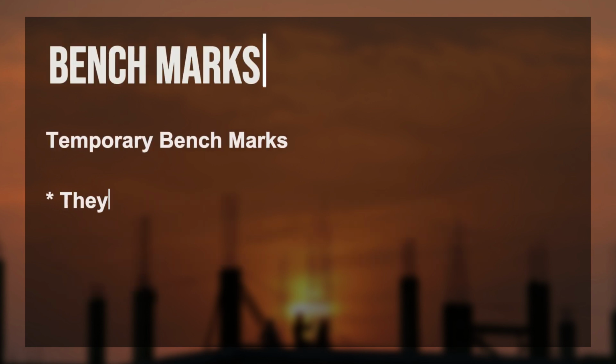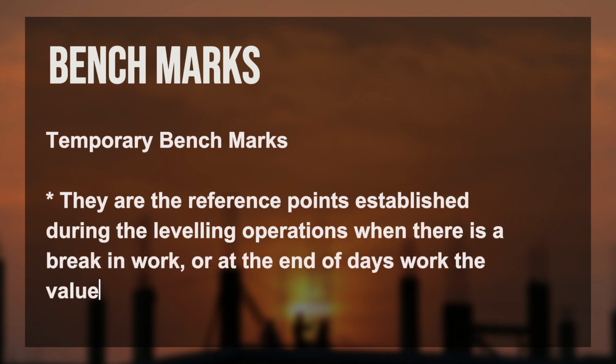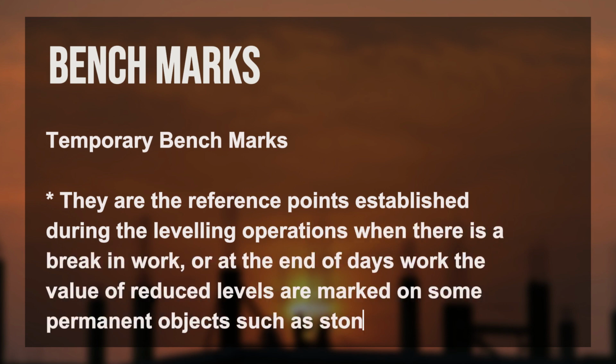Temporary benchmarks are the reference points established during the leveling operations when there is a break in work or at the end of a day's work. The value of reduced level is marked on some permanent objects such as stone, trees, etc. So, when leveling work is being carried out, it may be that we have to provide a temporary break for a day or two.